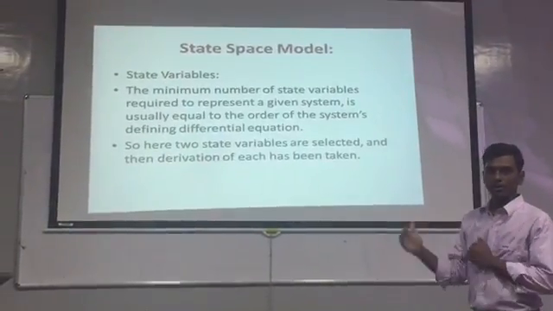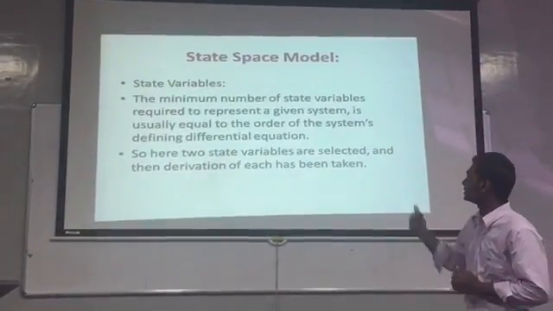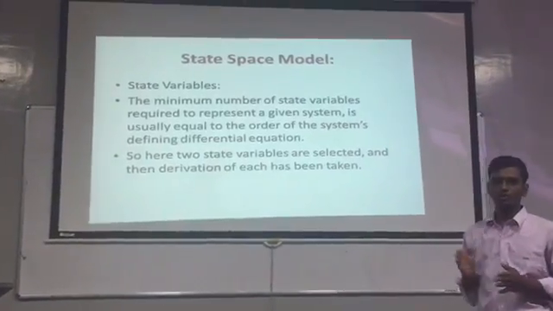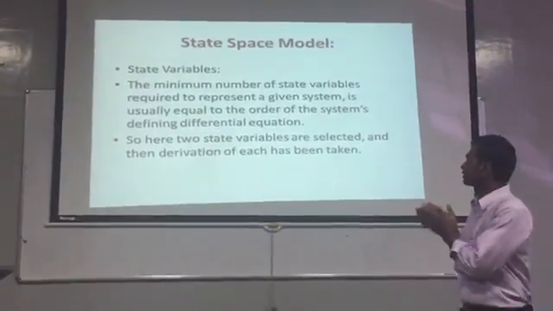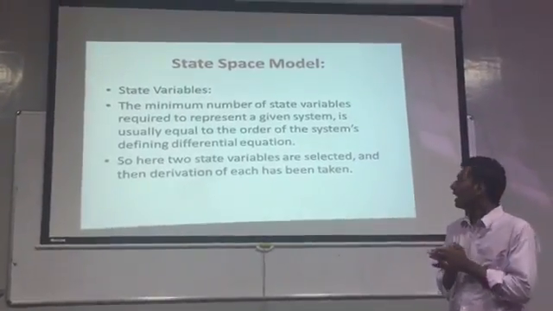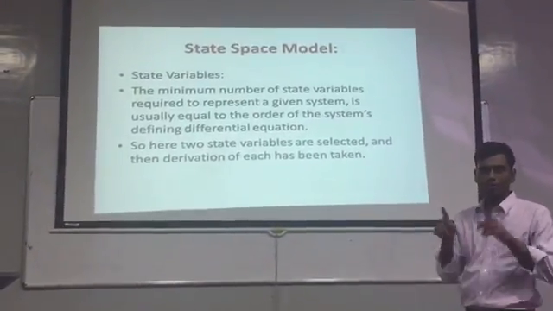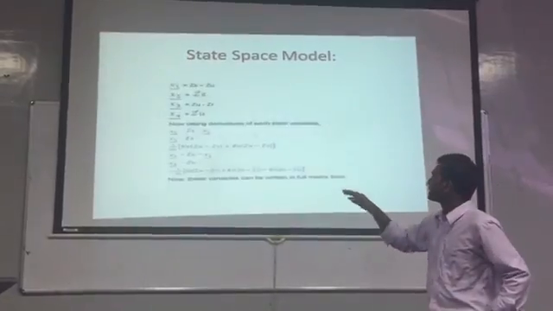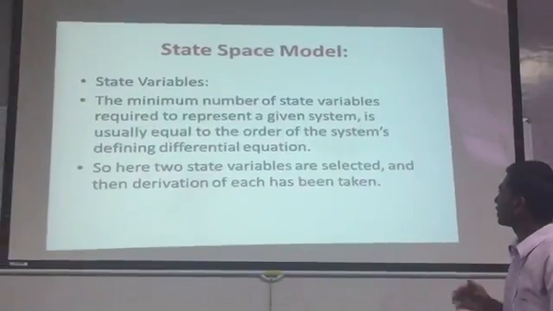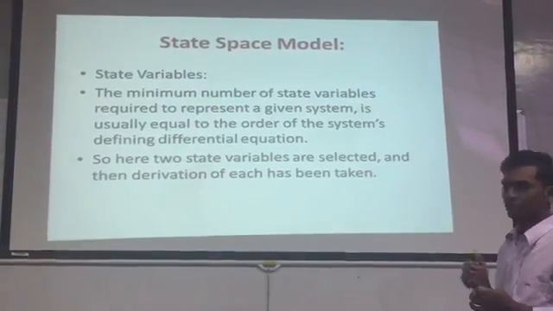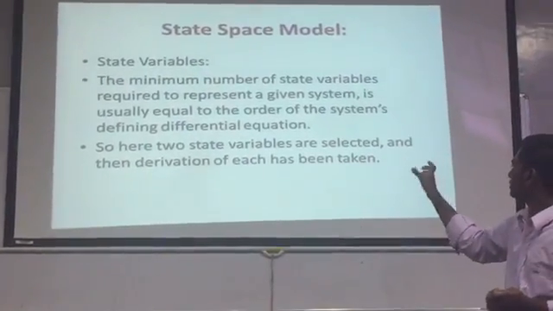Let's talk about them individually. This is the state space model. It consists of inputs, outputs, and the state variables. The state variables and the differential equations are in matrix form. The state space model consists of a minimum number of state variables, equal to the order of the differential equation.